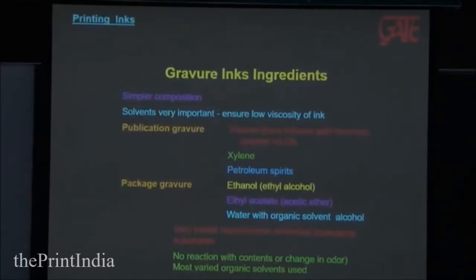So toluene, xylene and petroleum spirits are basically for publication gravure, and ethanol, ethyl acetate, water and organic solvents are for packaging gravure. Because in packaging we have a wide variety of substrates. In publication gravure there is only paper. In packaging gravure you have various substrates which need different components in the ink.